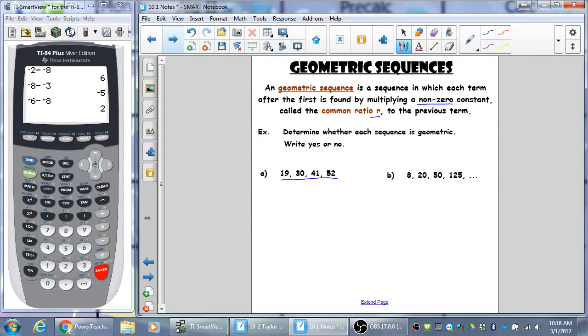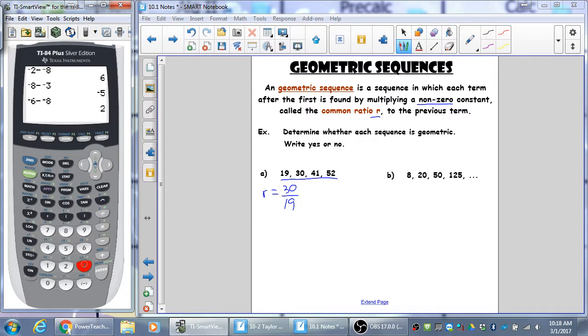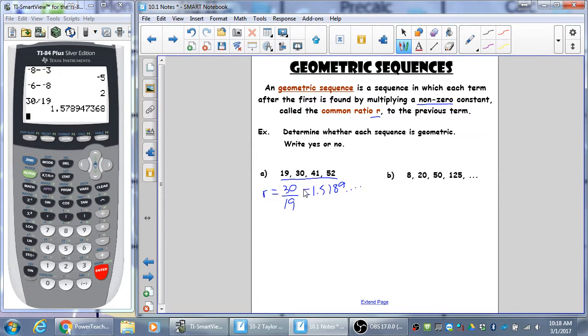So here we have what might be a geometric sequence. To find out if that's true, R is 30 divided by 19. You divide to find out what you multiplied by. So if you take the second one divided by the first, 30 divided by 19 is some decimal. It's not nice. That ends up being 1.5789, keep on going.